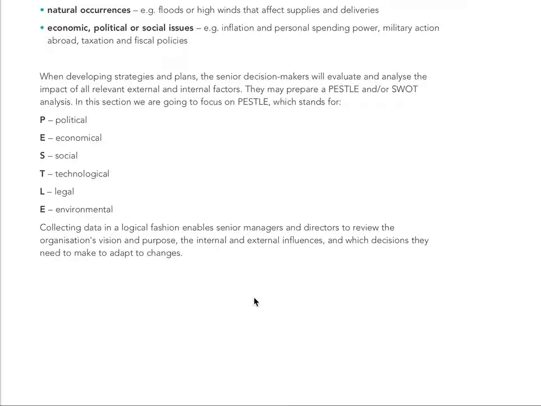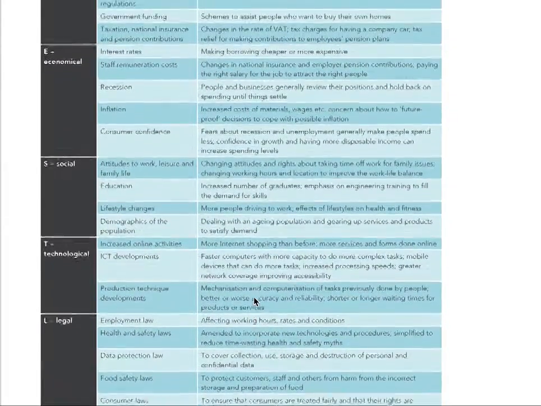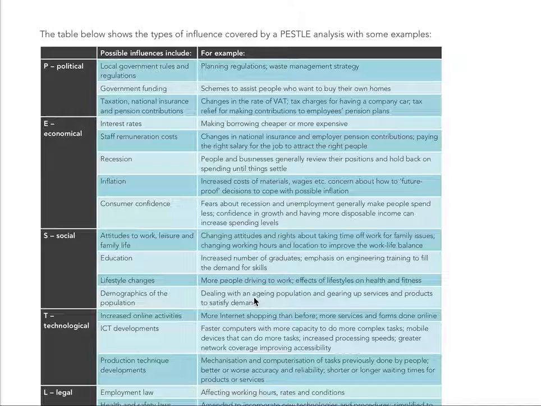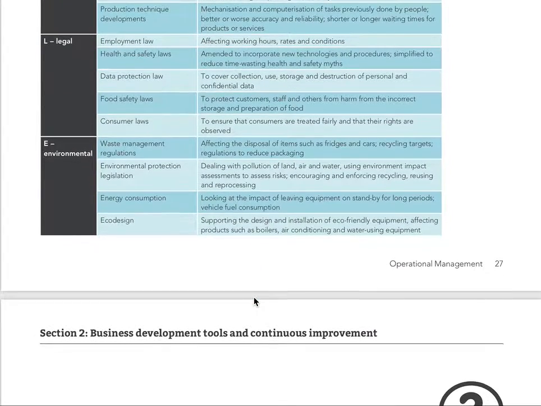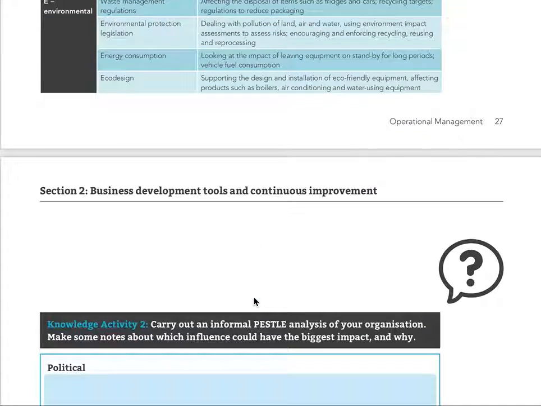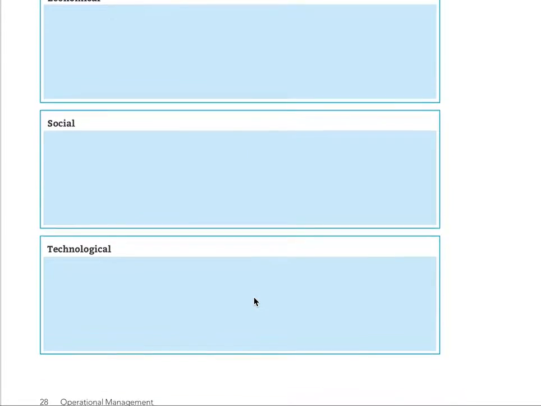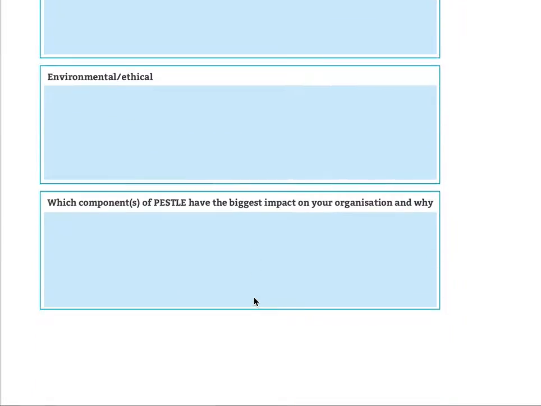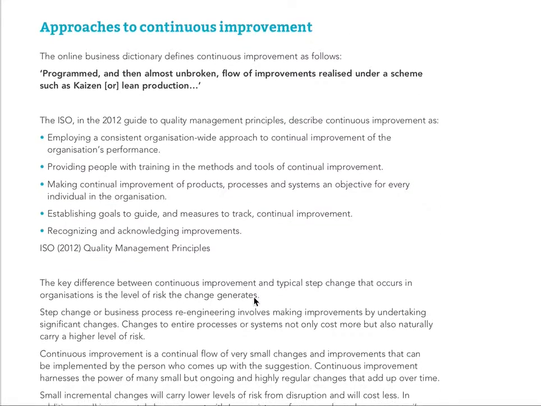So rather than going through all these pages, by the way, the table on page 27 is great. I'm not going to explain it because I have already done so in that video. So it's important to understand your PESTLE. If you want to have a go at PESTLE analysis, page 28 onwards will allow you to do that. But I really want to see those PESTLE analyses being brought into your operational plan.